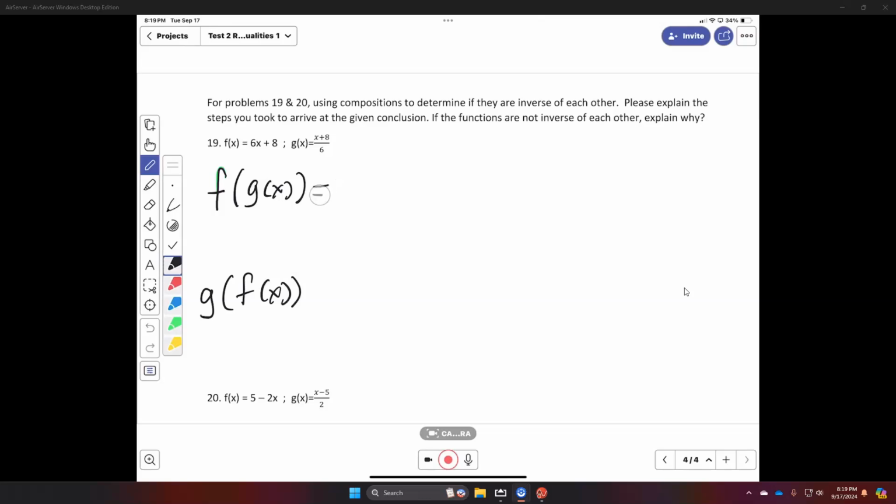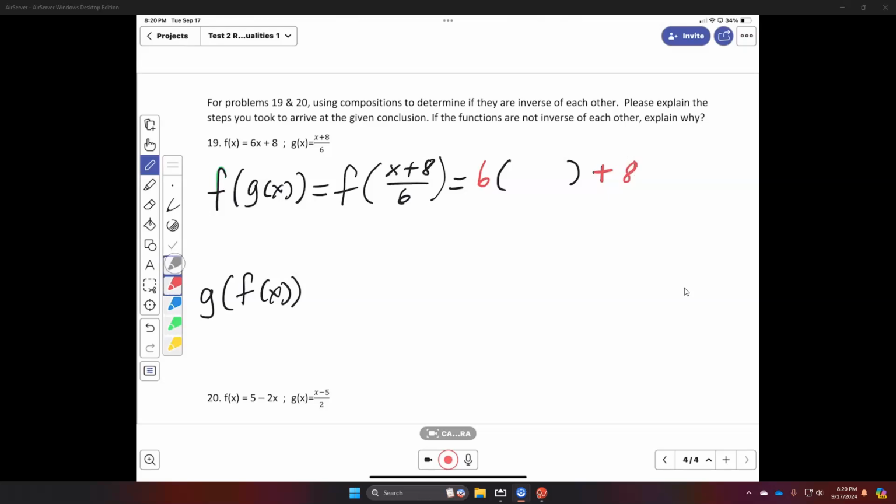So we have f, and we have g, which is (x plus 8) over 6. That's the input. So now just look at f and think of input. So it's 6 times the input, because it's 6x, 6 times the input plus 8. So I'm going to write plus 8.